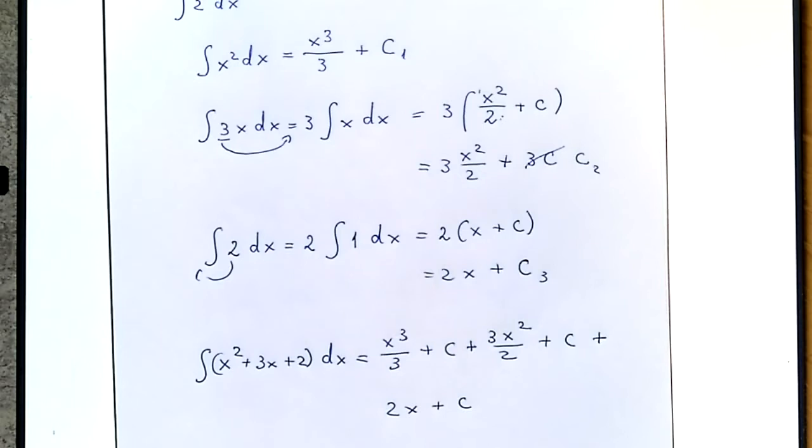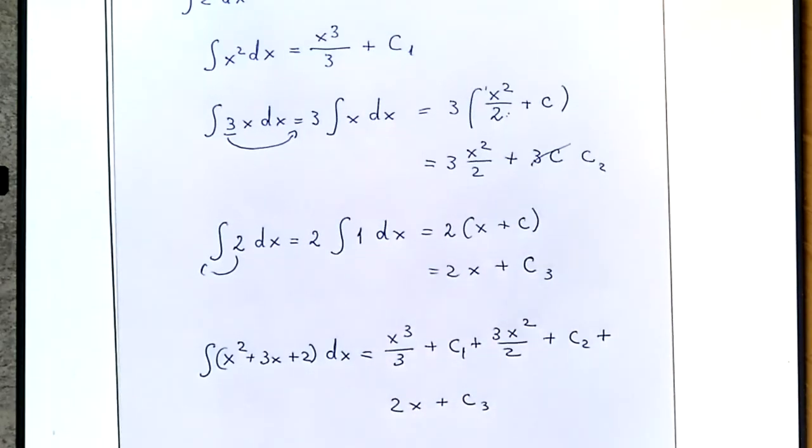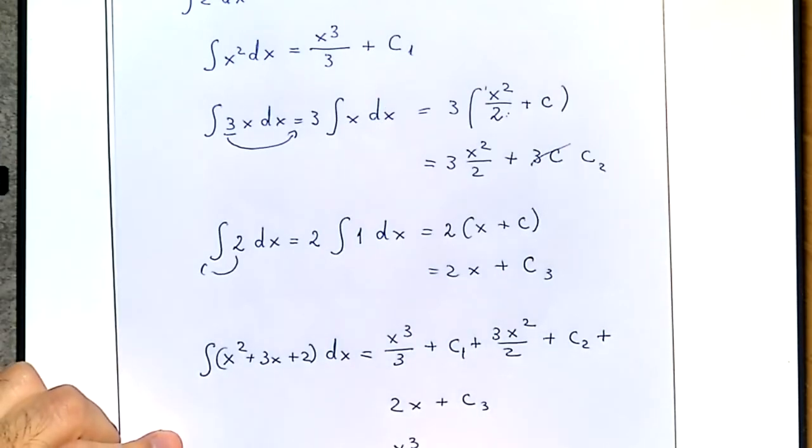So even if I have constant 1, constant 2, constant 3, I can just write this as the x's, which are the actual important stuff, plus a constant, okay?